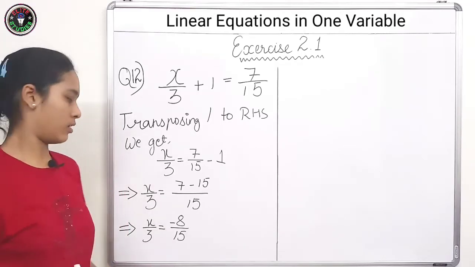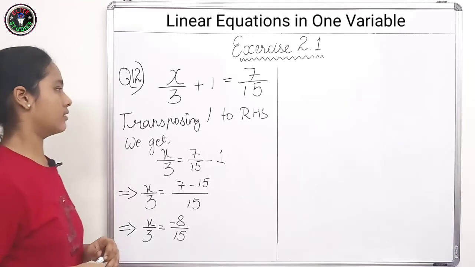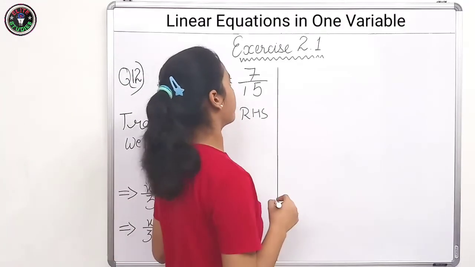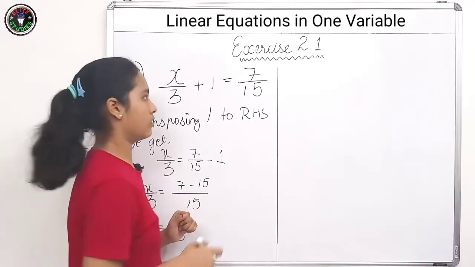We got the value of x by 3 is equal to minus 8 by 15. But we don't want the value of x by 3. We only need the value of x. That's why we will multiply 3 on both the sides to get rid of 3.